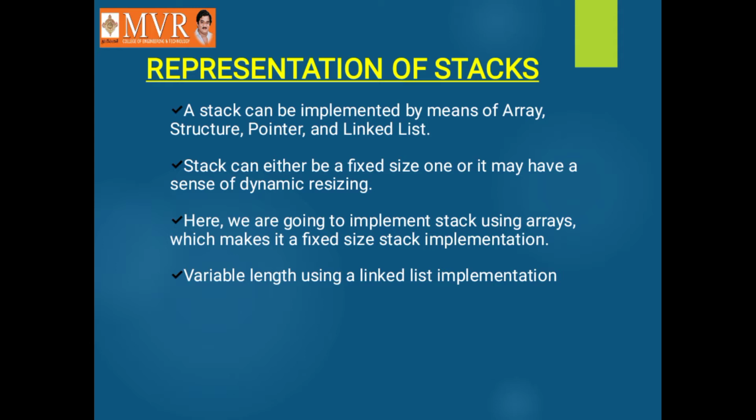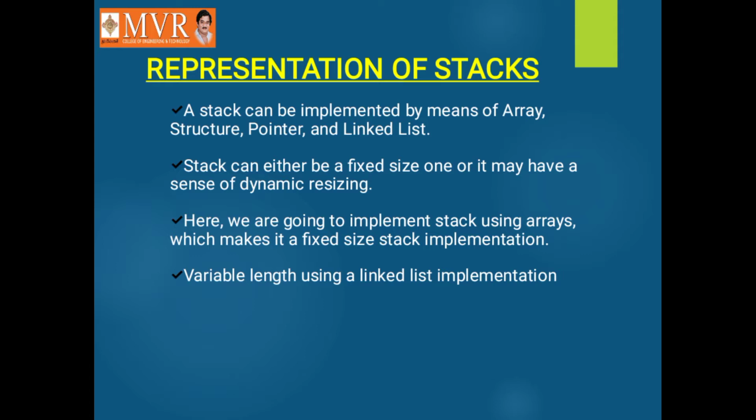Static means the size will be declared beforehand and it cannot be resized. Dynamic means the size can be varied. When an element comes, we can insert a node and change the size of the linked list. When we delete an item, we can remove the node. That is, it can be resized.